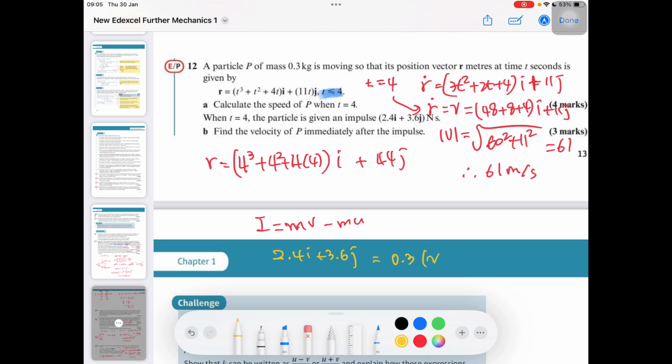So we don't know what is v. Like this. So 8i plus 12j plus 60i plus 11j becomes the velocity. So the velocity is 68i plus 23j meter per second.